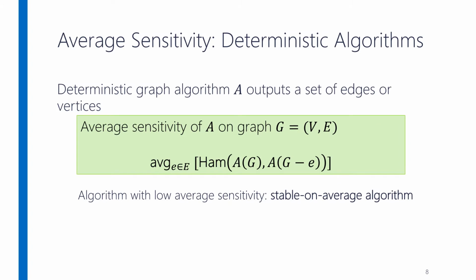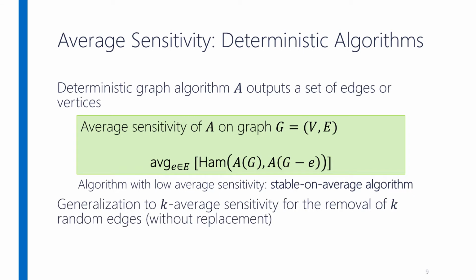Here is a formal definition of average sensitivity of deterministic algorithms. It is the average Hamming distance between the output of A on G and the output of A on G minus e, where the average is taken over the edges e. An algorithm is stable on average or simply stable if it has low average sensitivity.